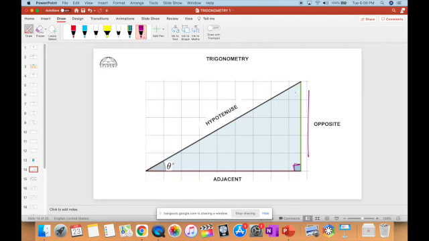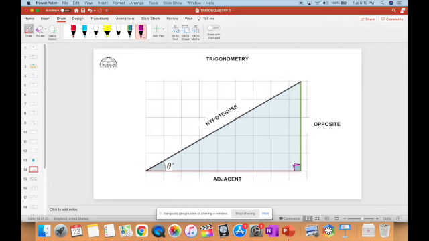However, let's just say it was this angle we were dealing with here, angle theta. Okay. That means that this side, which is touching the angle, would be the adjacent side, and this side would be the opposite side. So in terms of trigonometry, how you name your sides depends on which angle you are considering.